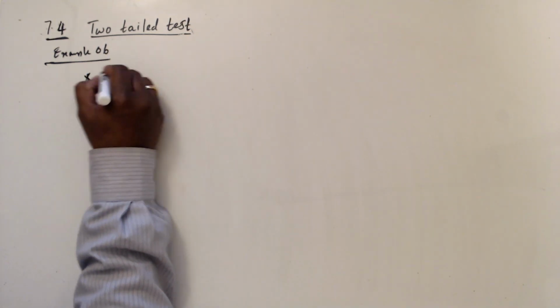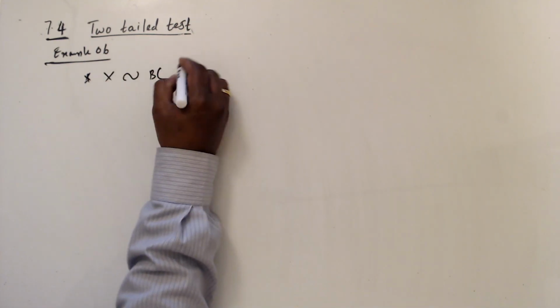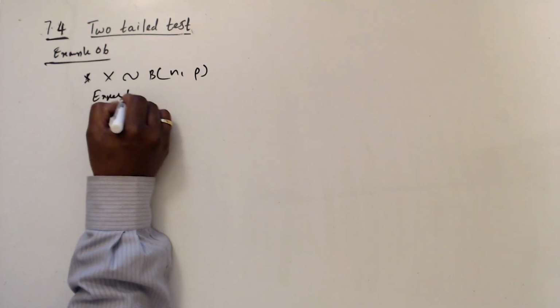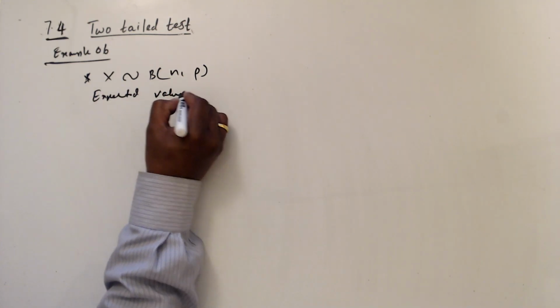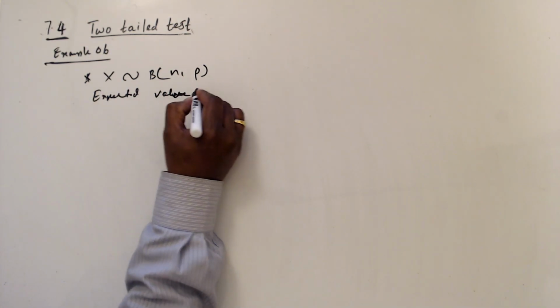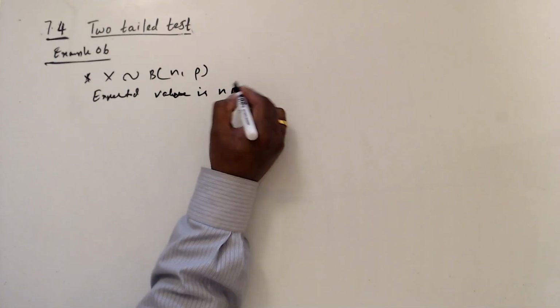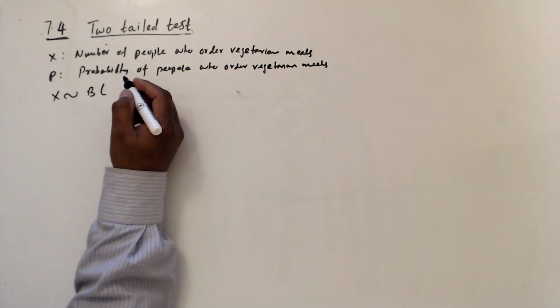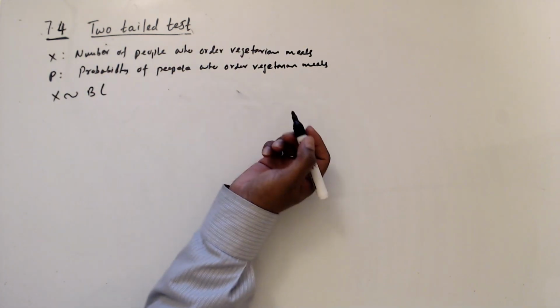Just to summarize, if X follows binomial n, p, then the expected value is n times p. So now we'll apply the second method.